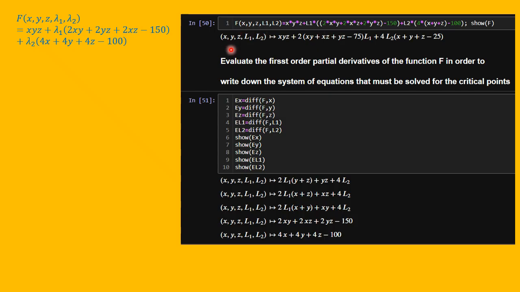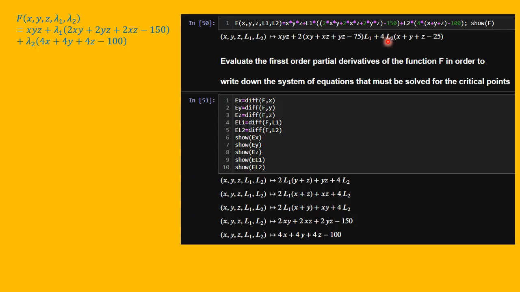So what does this function capital F do? It takes x, y, z, L1, L2 into xyz plus 2 times this stuff times L1 plus 4 times this stuff times L2. If you want, you can check each of these. The stuff that's multiplied by L1 here is just what we have right up here.